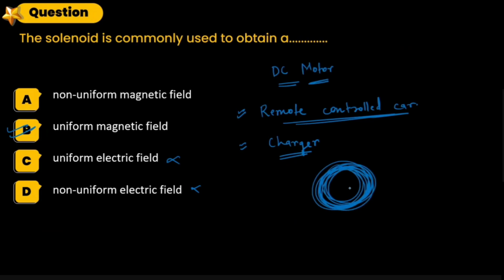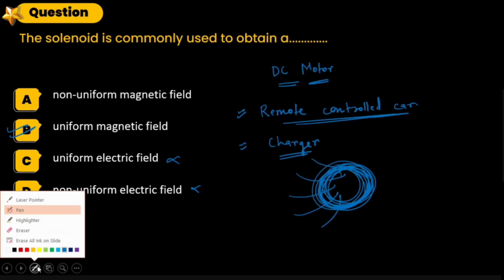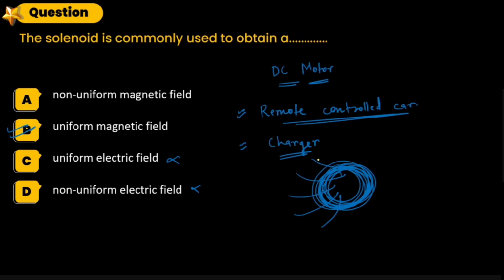And when current passes through this wire, it automatically generates a magnetic field. These magnetic fields are responsible for the charging of our mobile phones. So always remember, a solenoid is used to generate a uniform magnetic field.